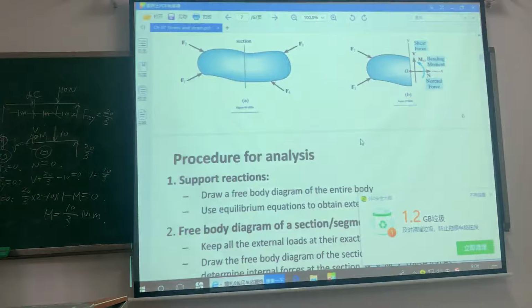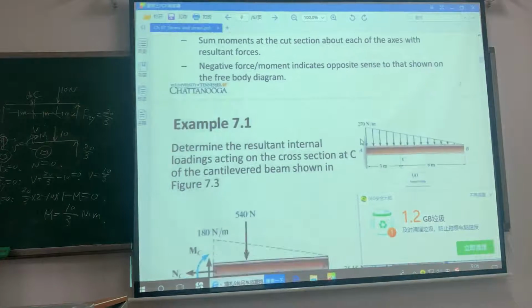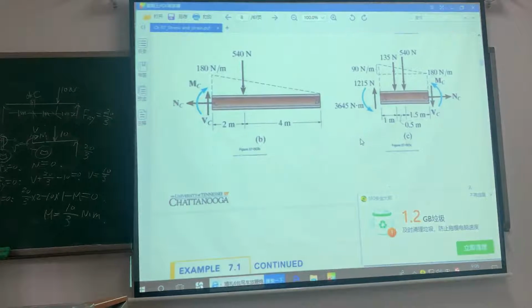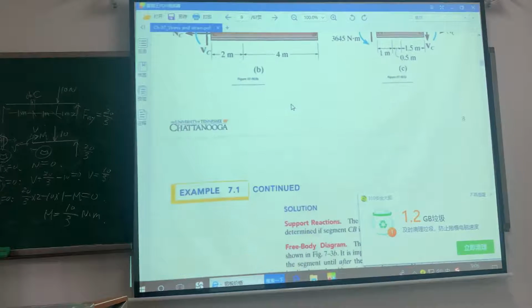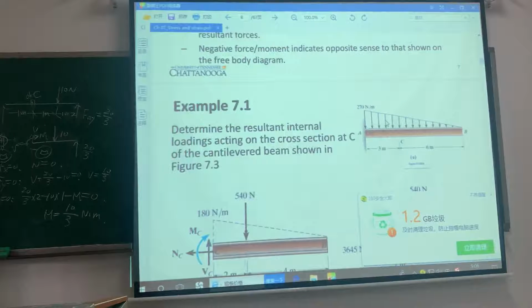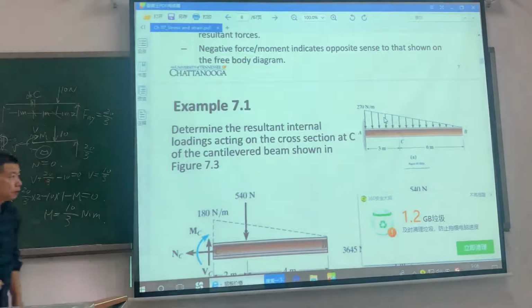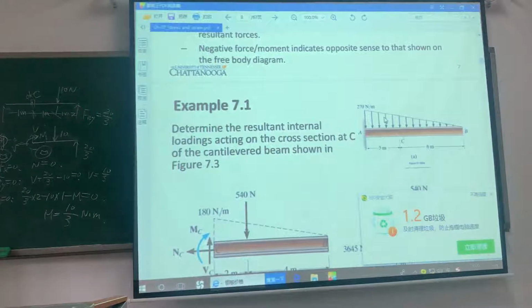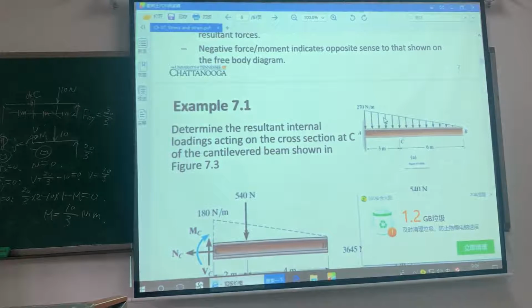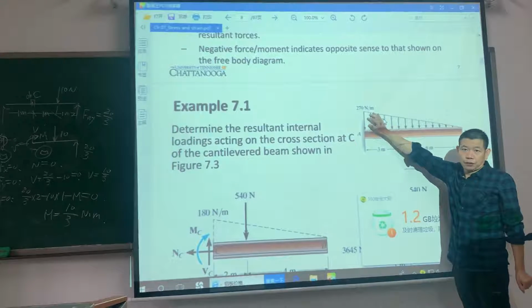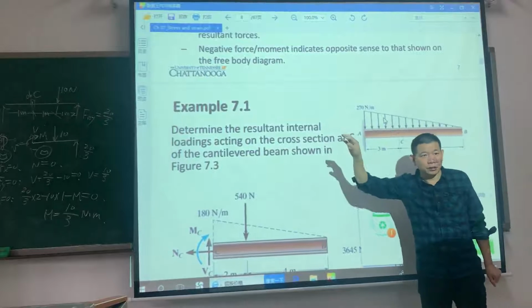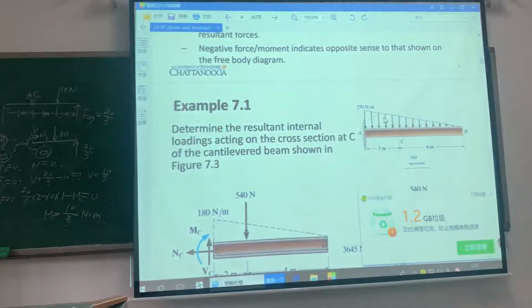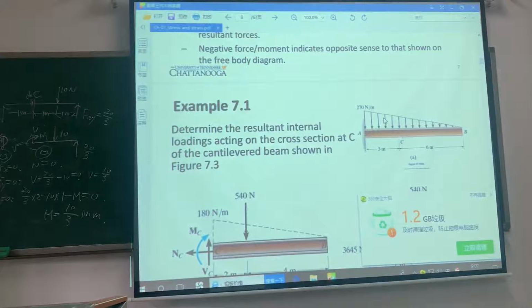So, this one is a little more difficult for the statics, because the distribution force is a distribution load. We don't know how to deal with it. We call this kind of loading distribution loading.